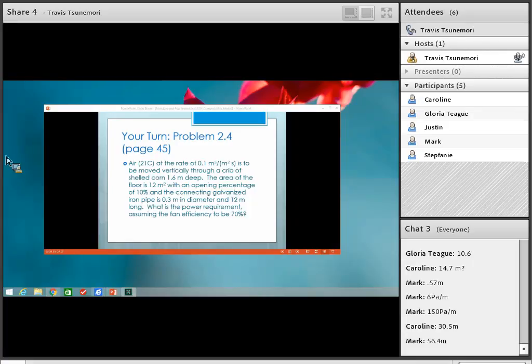Okay, so now we're wanting to know what is the power requirement. So now we have to use our power equation. And if you remember from slides several back, that was W Q rho G over E, the efficiency, is the power. So if we take our total friction loss, that's going to equal our total pressure.